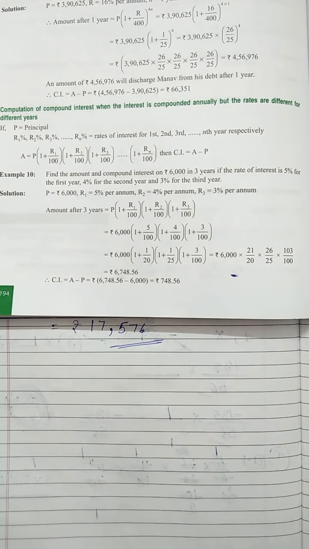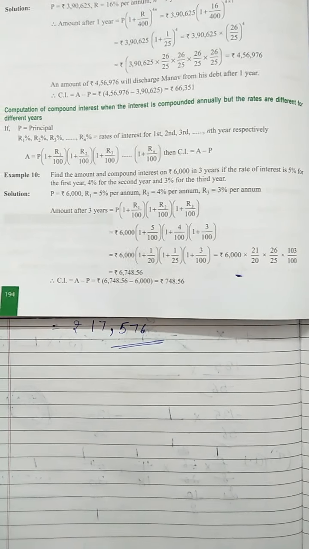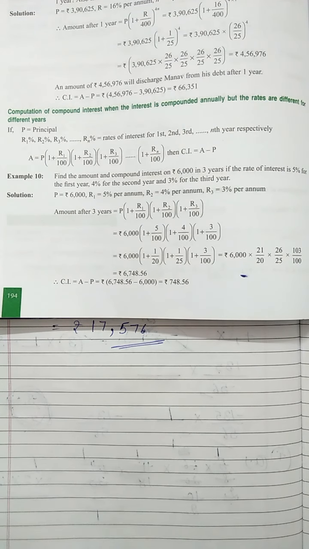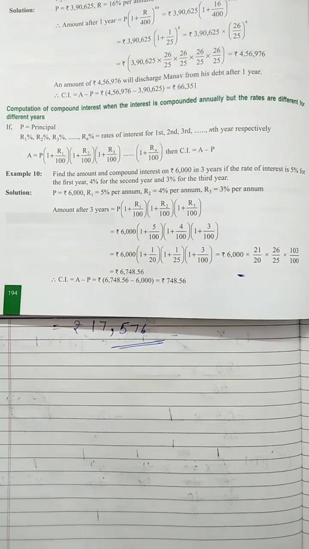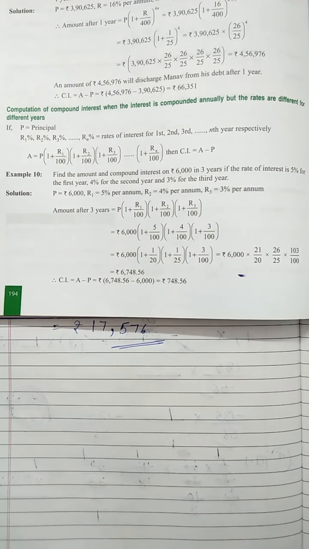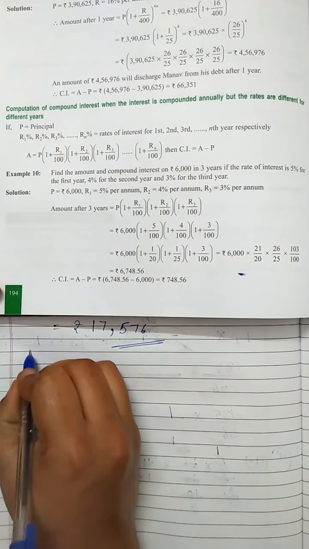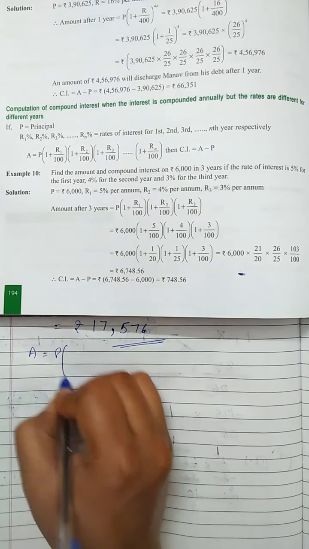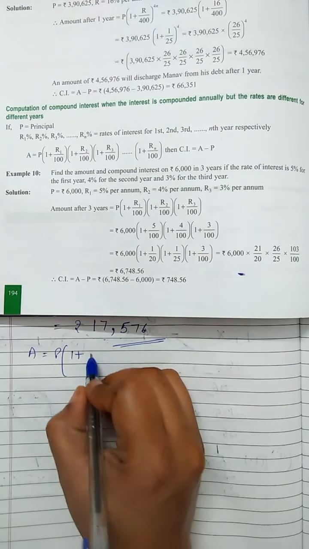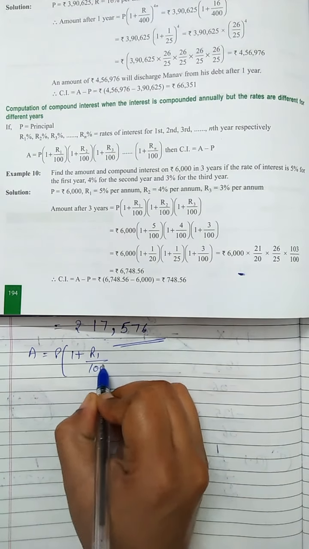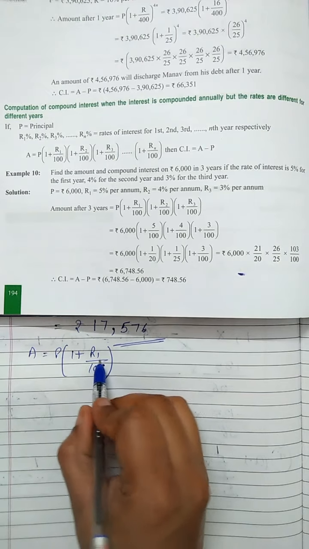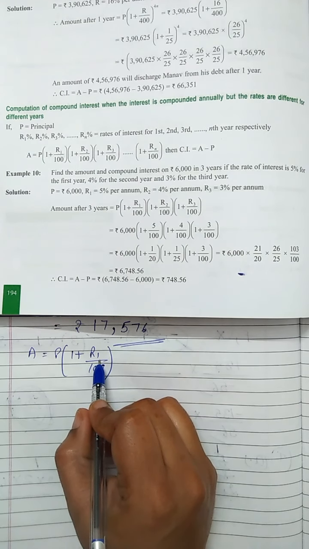In this way, when we want to find compound interest when the interest is compounded annually but the rates are different, then the formula to find amount is principal multiplied by 1 plus r1 upon 100, where r1 denotes the first rate, meaning for the first year.